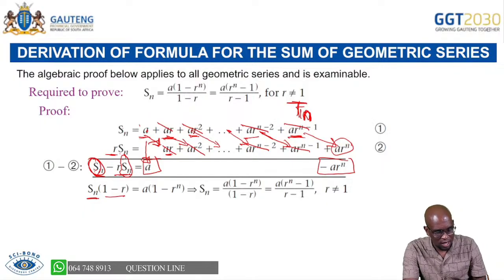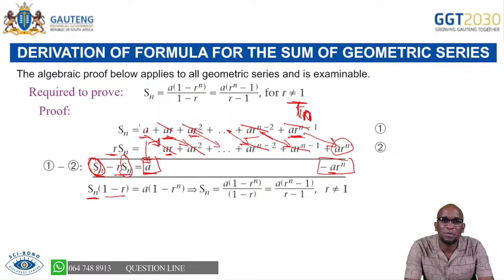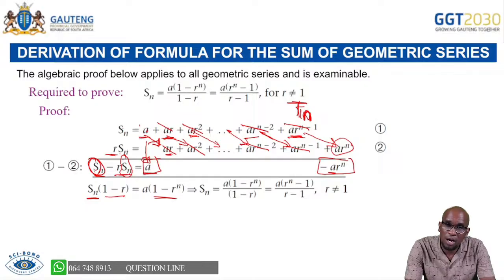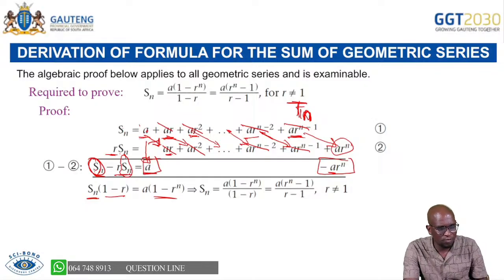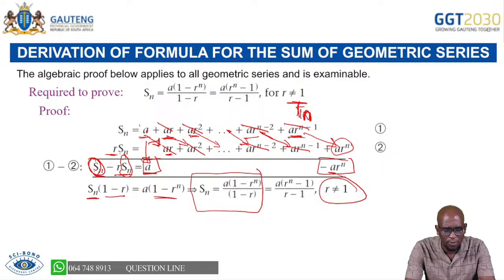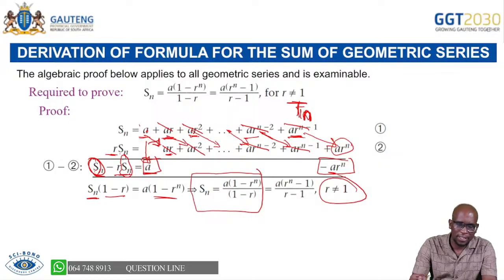And then from there, we take out a as a common factor because a is common to both terms. We get 1 minus r to the n, and then you divide both sides by 1 minus r, and in doing so this formula is generated, but with the condition that r cannot be 1, because if r equals 1, then this would be undefined.